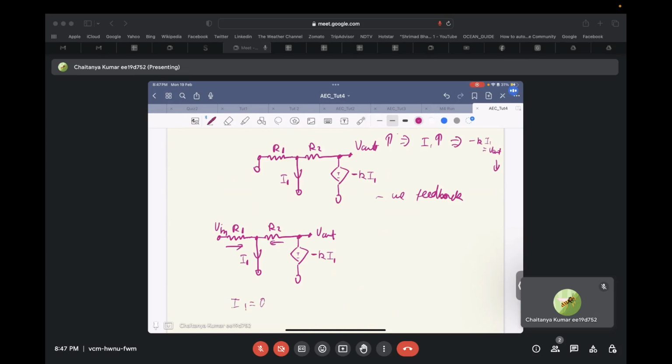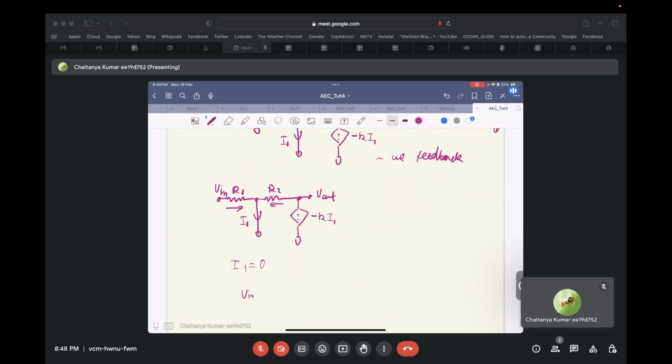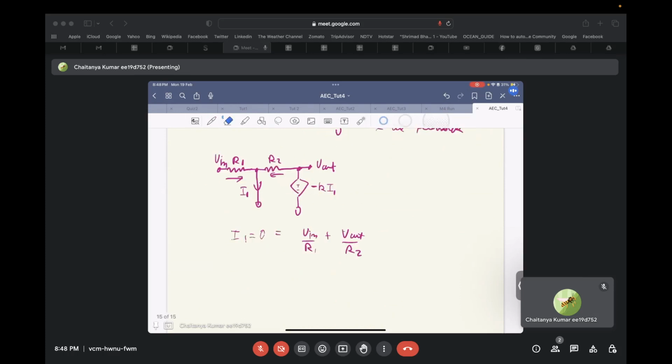If I1 is 0, then V in by R1 is equal to minus of... or what was I1 actually initially? V in by R1 plus V out by R2. That implies V out by V in is equal to minus of R2 by R1.